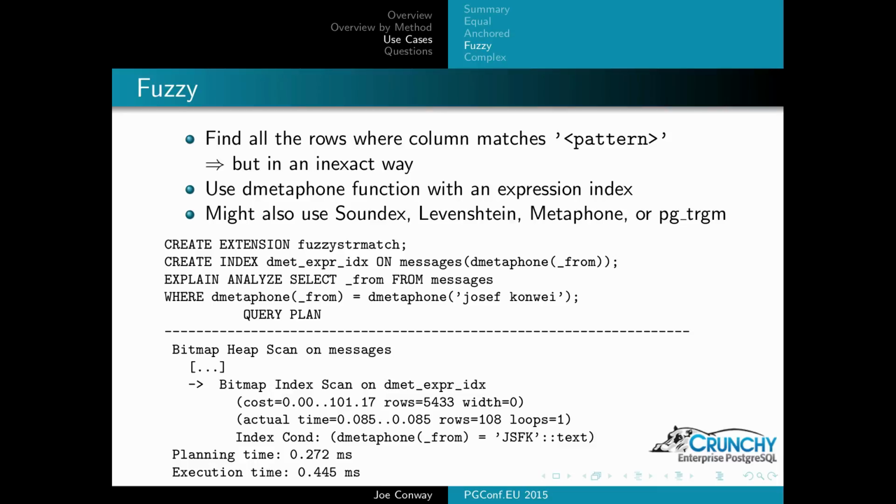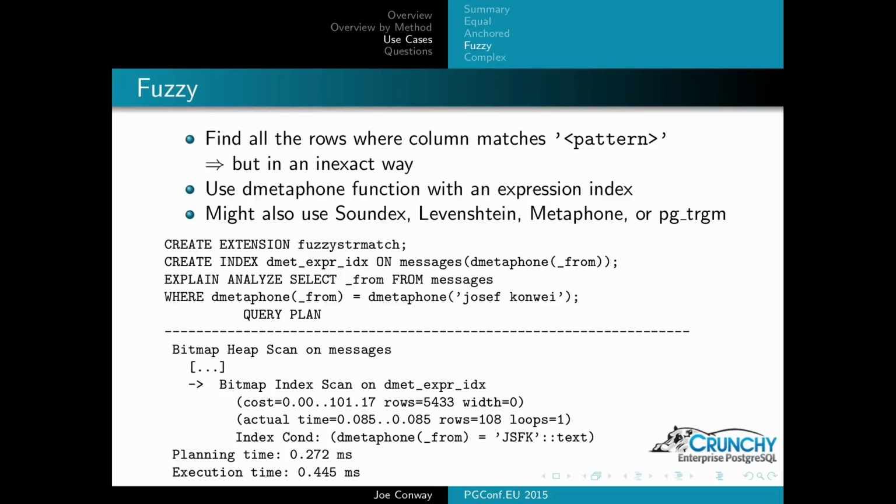So create extension fuzzystrmatch. I'm going to create this index on the Metaphone function over that column, similar to what we were doing with the lower, or reverse and lower. And now when I run the query on messages where Metaphone of from is equal to Metaphone of this phonetic spelling of my name, you'll see it will use the index.